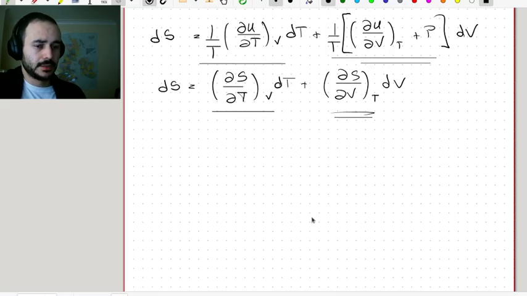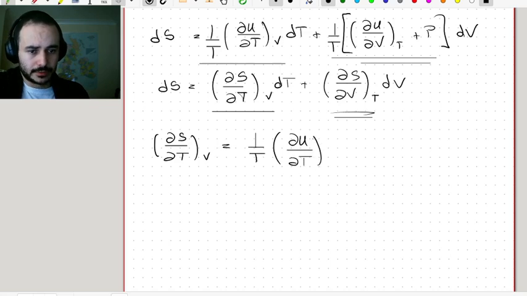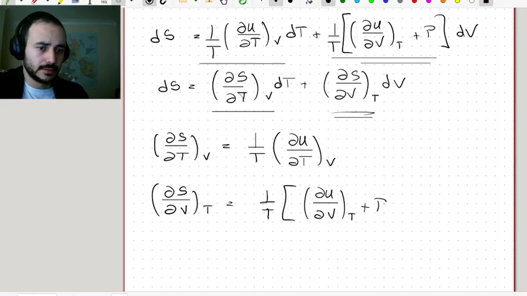So I'm going to write this explicitly here. The partial derivative of S with respect to T at constant V equals 1 over T times the partial of u with respect to T at constant volume, and the partial of S with respect to V at constant T is 1 over T times the partial derivative of u with respect to V at constant T plus the pressure.